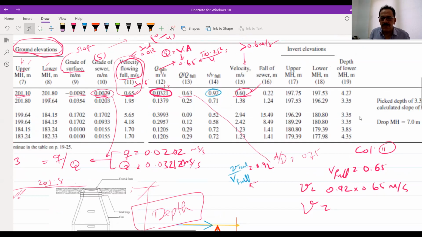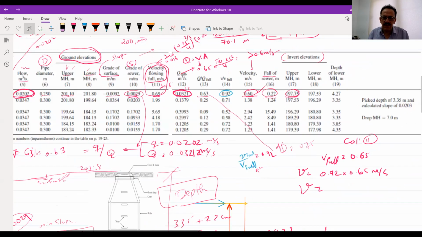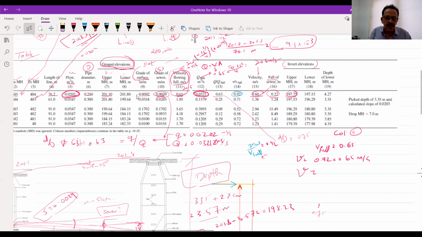Now for the invert level or invert elevation, here's the sewer fall for this one, the velocity, and the upper elevation, here's the 197.7. And where is this coming from? This is coming from the ground level of the first manhole, which is 201.1.